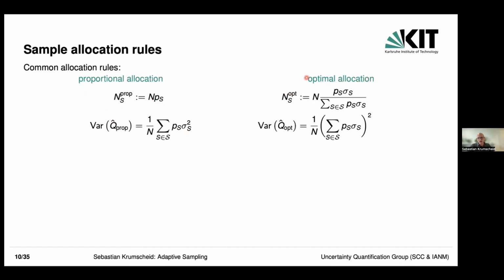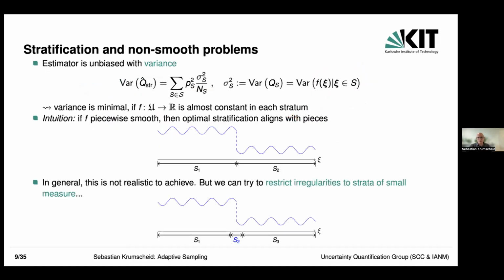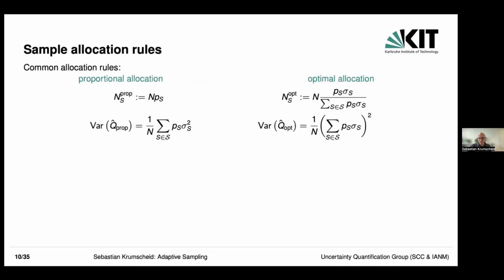Now, on the other hand, there is this optimal allocation idea, where if I go one step back, I look at this formula and consider the constrained optimization problem of minimizing the variance subject to the constraint that the total number of samples is equal to capital N. Solving this optimization problem gives this particular choice for the number of samples, and this is the corresponding variance.